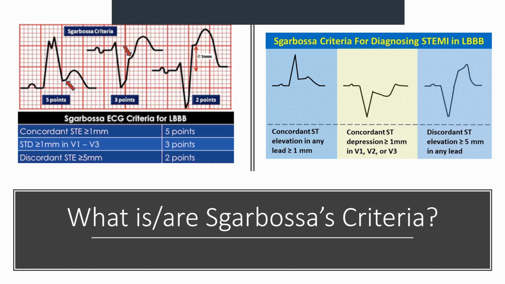Now, this has a little caveat. When we are dealing with a patient who presents to us for the first time and they have acute signs, so physical signs, pressure on the chest, diaphoresis, shoulder pain, pressure between the shoulder blades, low BPs, whatever it is, and we get a left bundle branch block, regardless of whether Sgarbossa's criteria are there or not, you treat them as a new myocardial infarct.